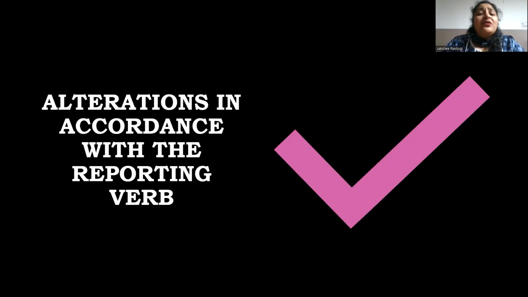In indirect speech, when using said, she said that it was a beautiful sunset. So this is changed into a declarative sentence. I'm not using the exclamatory mark in this. These alterations help to integrate the original sentences into the reporting sentences, making the language more natural and coherent. So these are the alterations according to the reporting verbs.